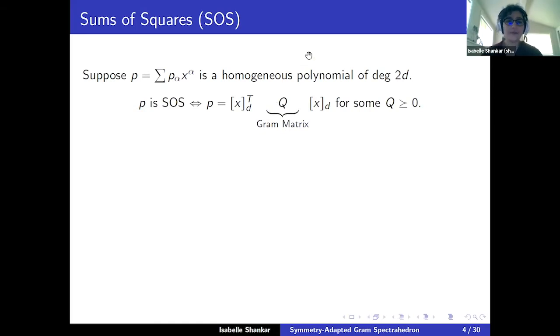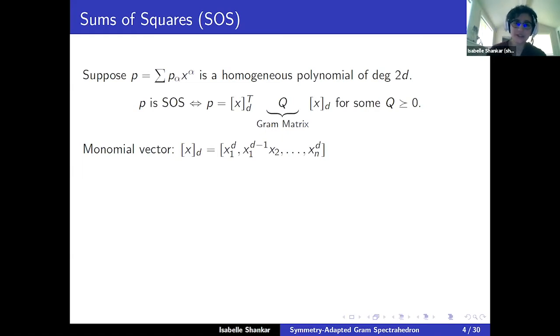And that would of course certify SOS-ness of the polynomial p. The X bracket notation means a vector of all monomials of degree exactly d. Remember, we're starting with a homogeneous polynomial of degree 2d, so our monomial vector is a vector of all monomials of degree d.